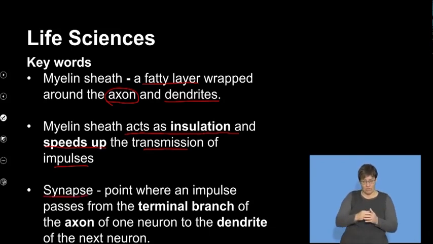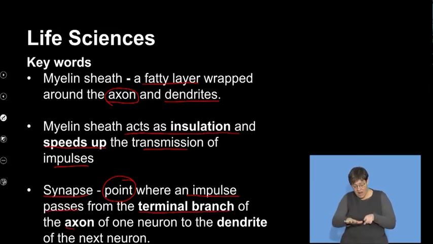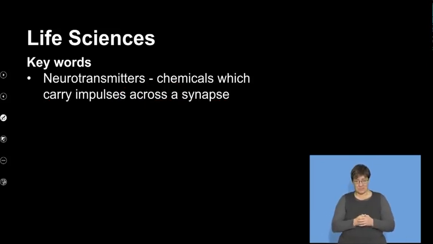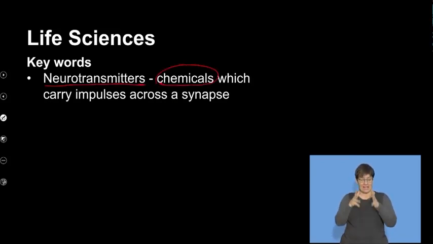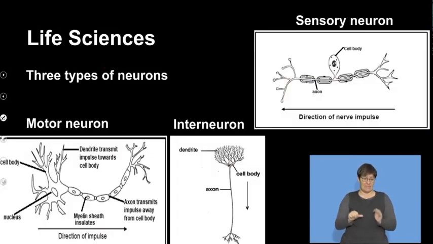Then we've got another new word, the synapse, the point where the impulse passes from a terminal branch of the axon of one neuron to the dendrites of the next neuron. Neurotransmitters are the chemicals which carry the impulse across the synapse. These are the keywords.